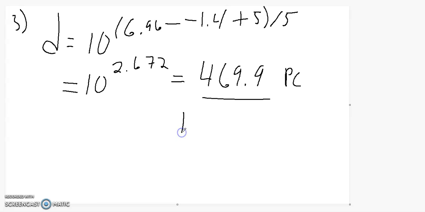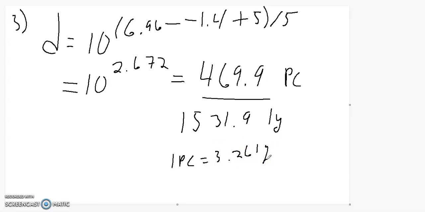It would be 1,531 point, and if we rounded it to 1 place past the decimal, I'm going to say 0.9, and then of course that would be light years. So it just depends on which one, and of course we're using the conversion that 1 parsec is 3.26 light years.